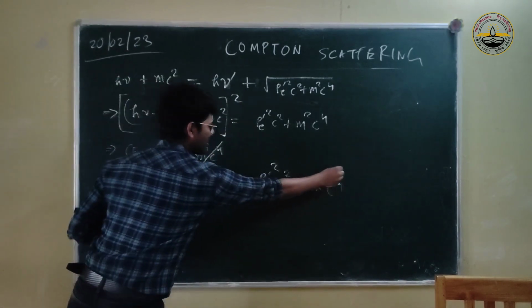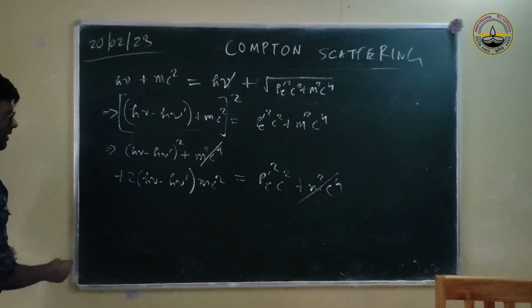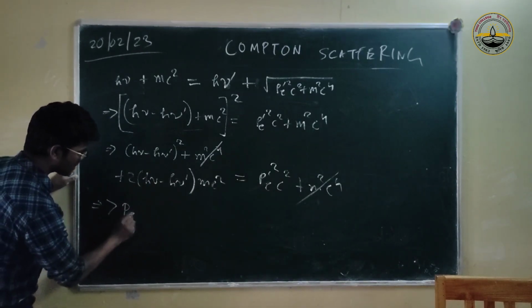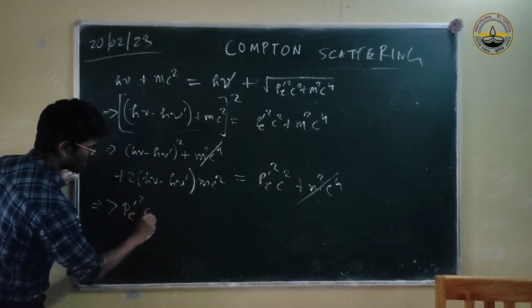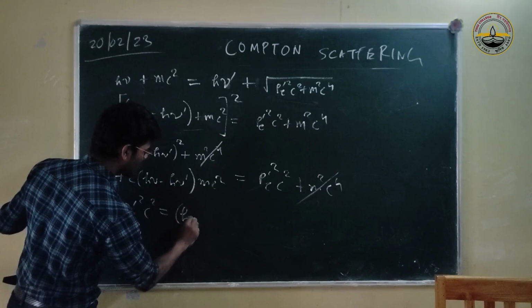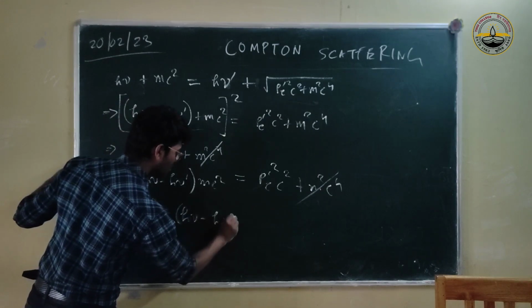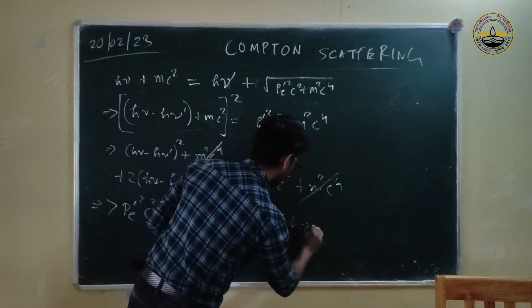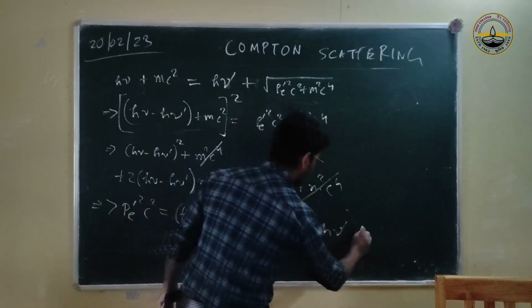They're always happy to cancel out things. So let us keep it like this. p prime square c square equals h nu minus h nu prime whole square plus 2 h nu minus h nu prime mc square. It's important.